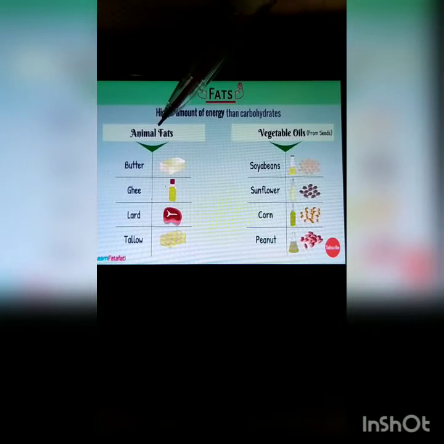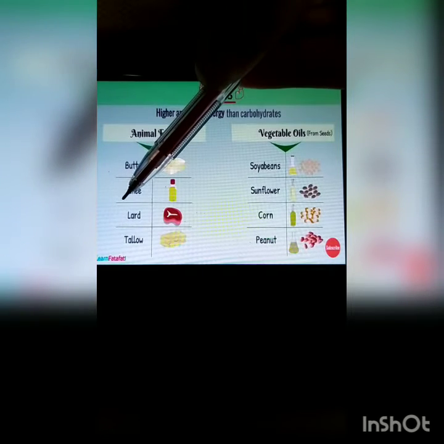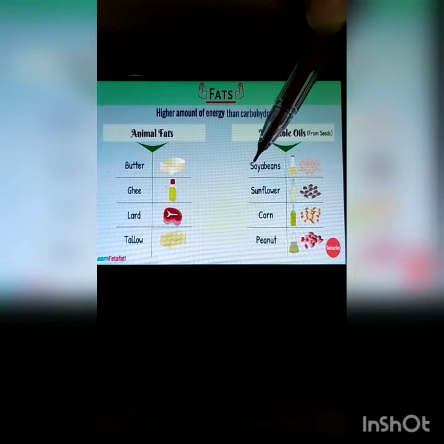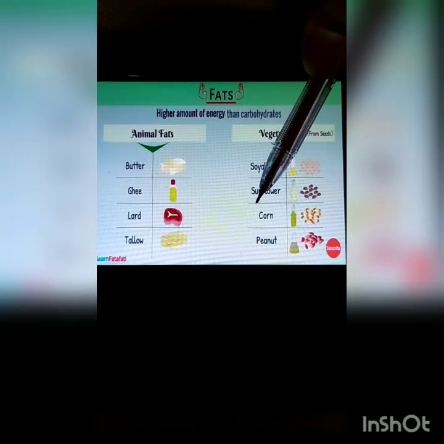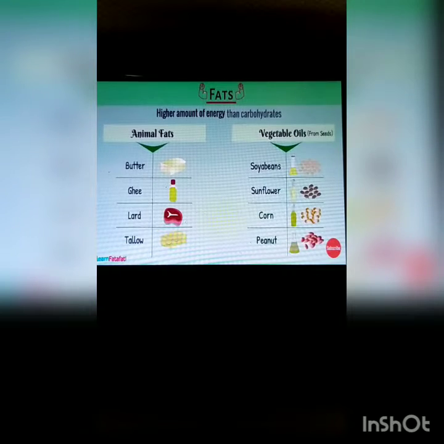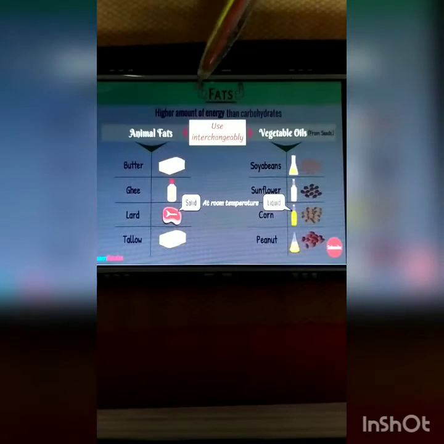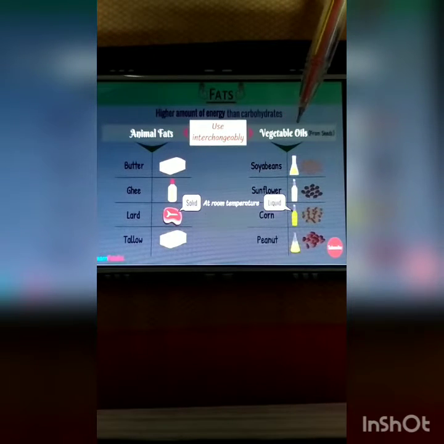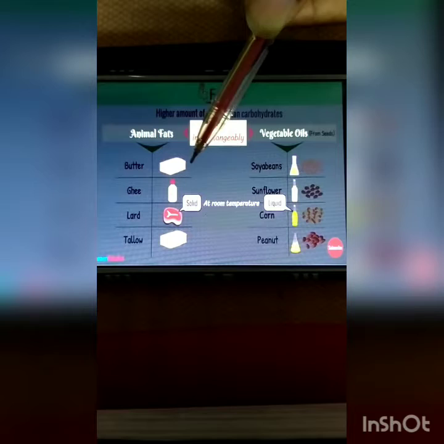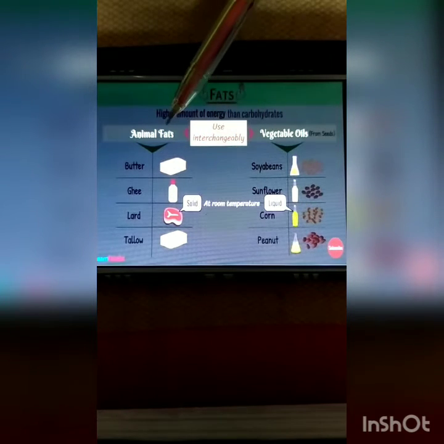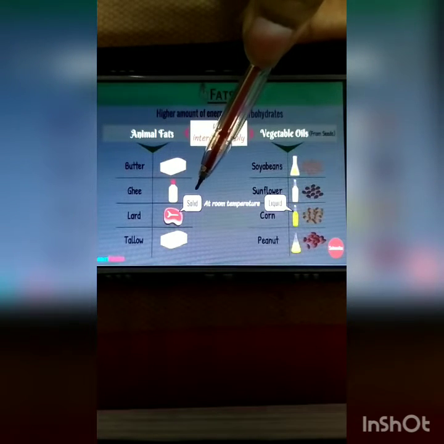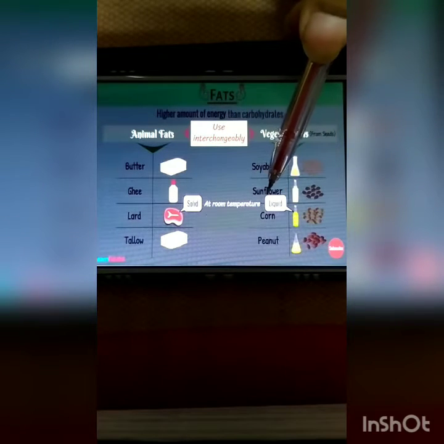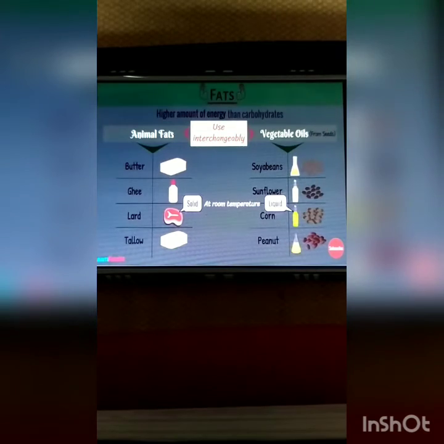The animal fats we get from butter, ghee, lard or tallow, and the vegetable oils we get from soya beans, sunflower seeds, corn and peanut. People use them interchangeably. At room temperature, animal fats are solid in state, and vegetable oils are in liquid state.